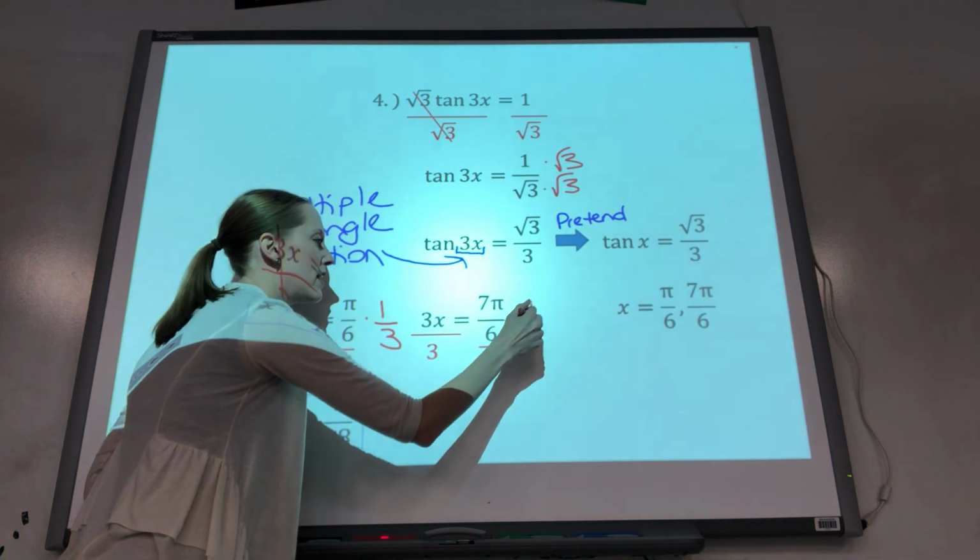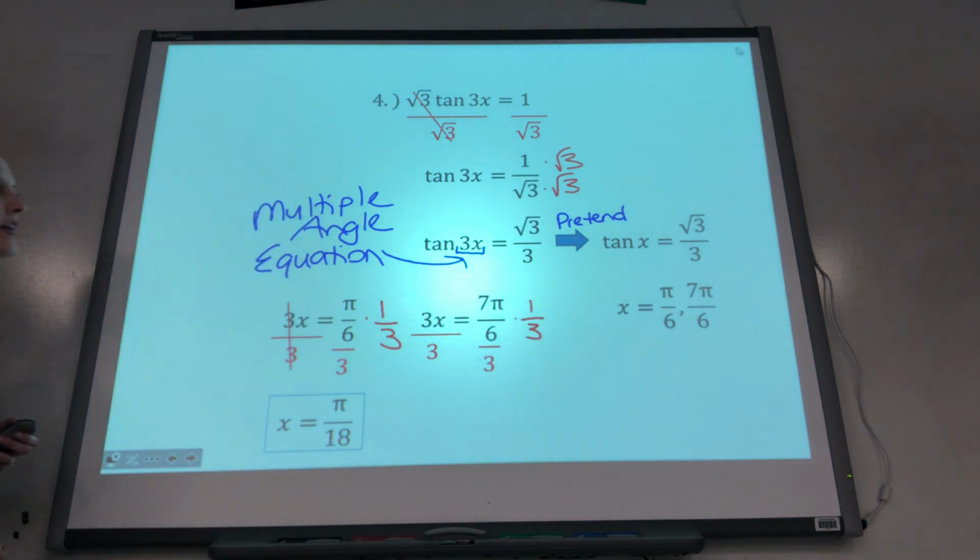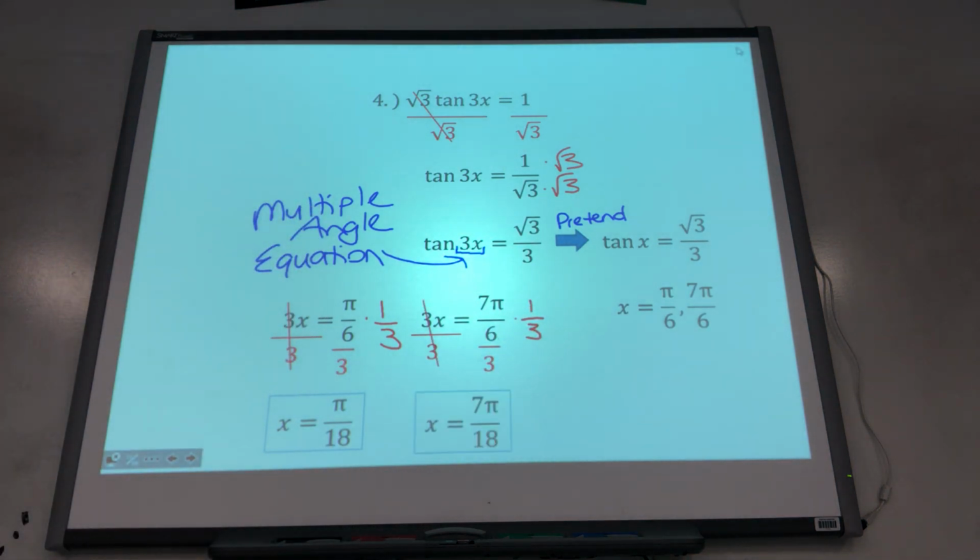And same over here, dividing by 3, think of it as multiplying by 1/3, so we get 7 pi over 18. There is a very good chance that you'll run into a multiple angle equation on the test. So look out for it. And again, it's when it's not just x. In this case, it was tangent of 3x. Any questions on that?